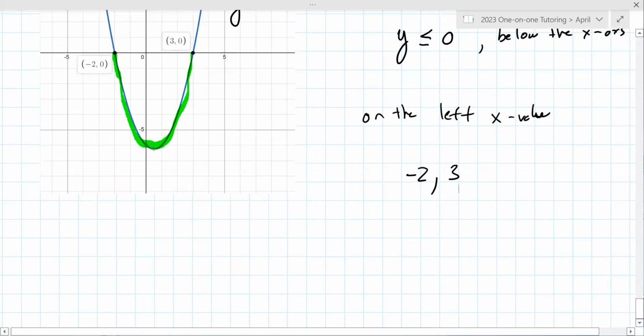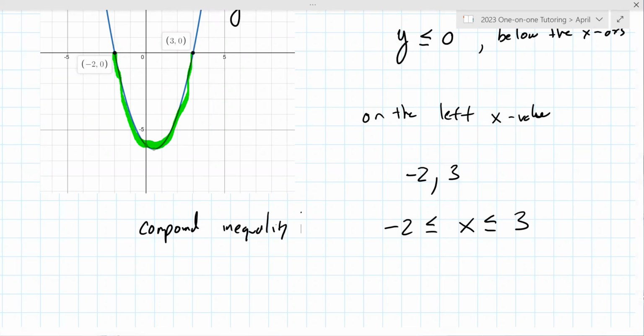Yeah. So we say that using this type of notation. This is called a compound inequality. Have you seen that before? Not yet. Okay, well, you will be seeing it soon, that's for sure. Do you see how I got those two numbers though?